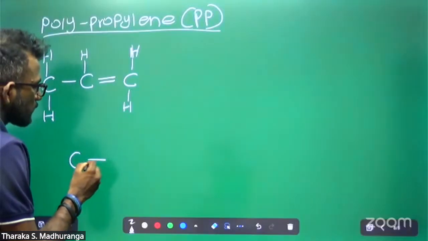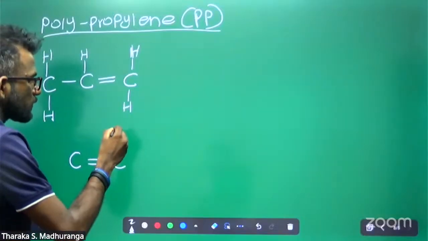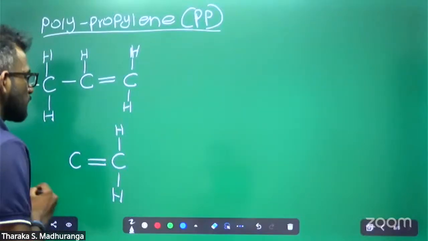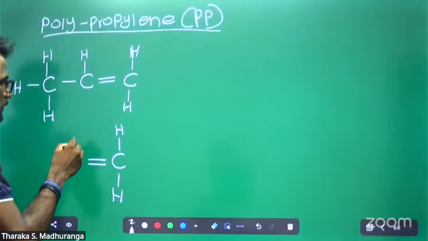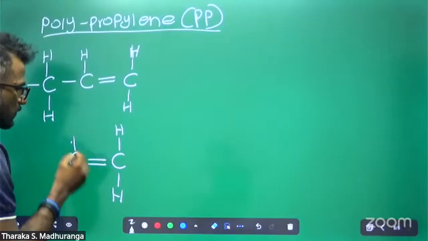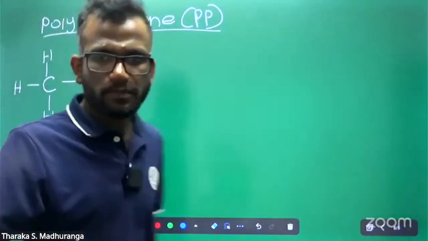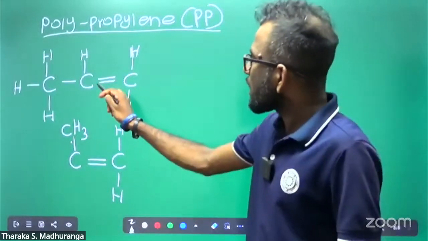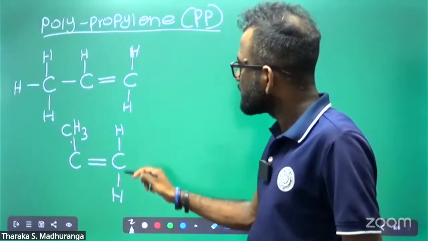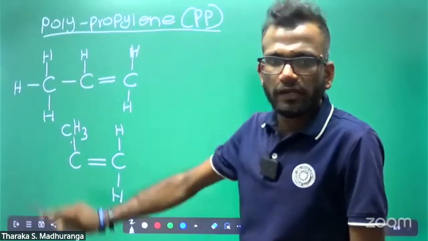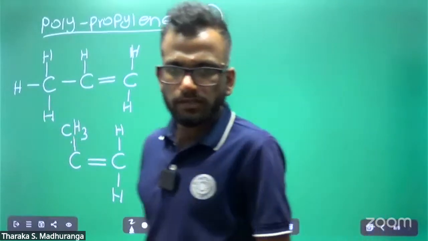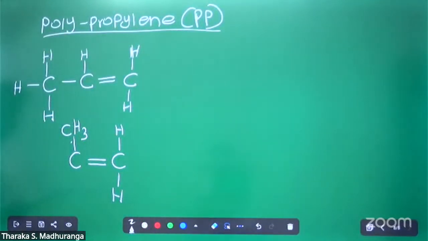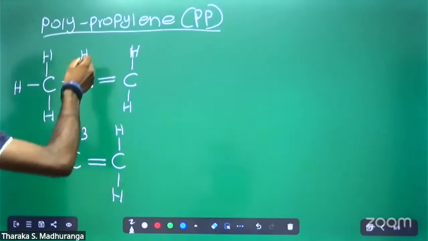Carbon double bond carbon, with hydrogen, hydrogen, and on this side CH3, and this hydrogen also there.